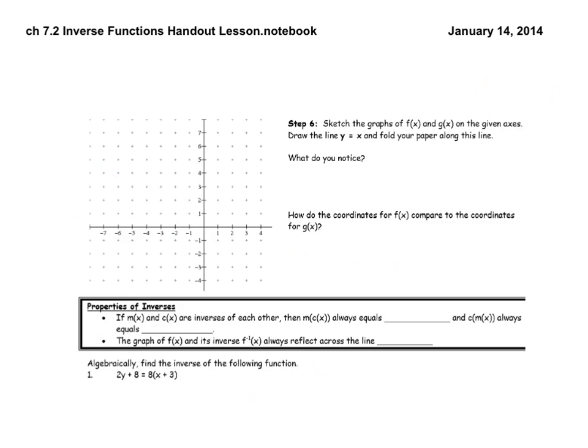I'm going to put in my y equals x line, and I'm going to start with y equals, here's my f of x, 1/2 x plus or minus 3.